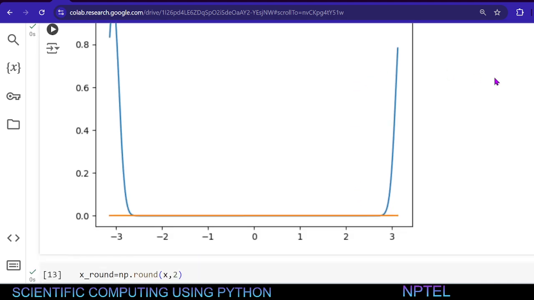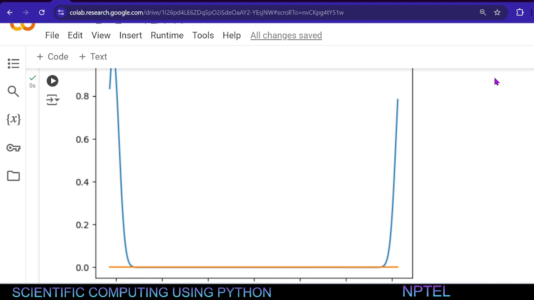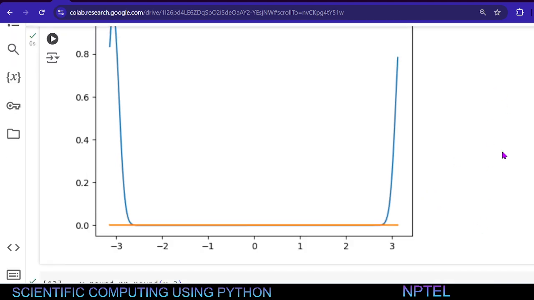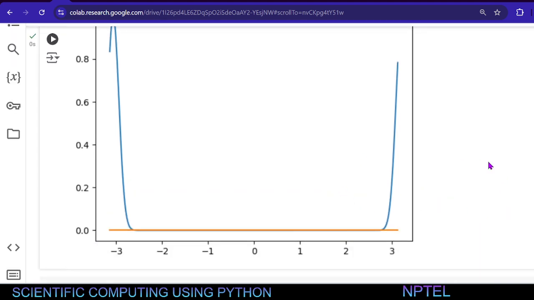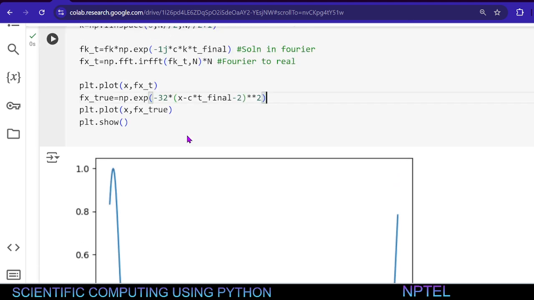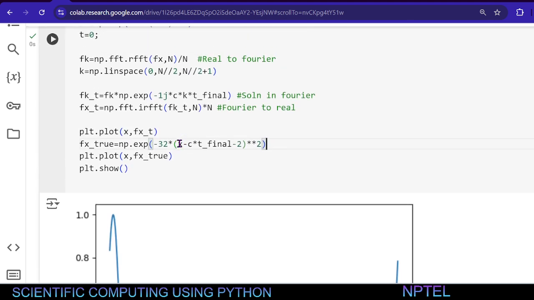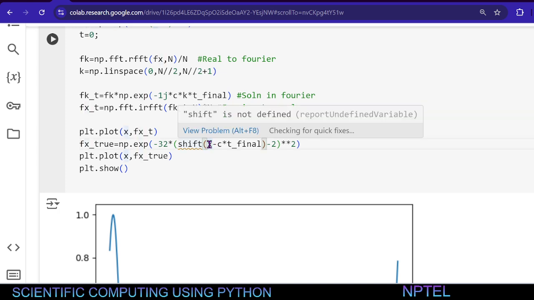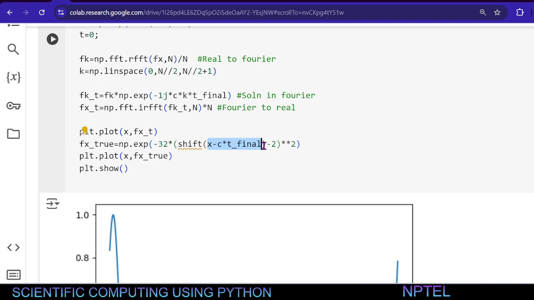So after 5 seconds, it's going to be at 7.5 plus 2 at 9.5. So that peak is gone, and there was no other peak anywhere. So we have to tell it that it should not be x, but rather a shifted x, right? So we have to define a function shift, and instead of x minus ct, we have to use the shifted one.